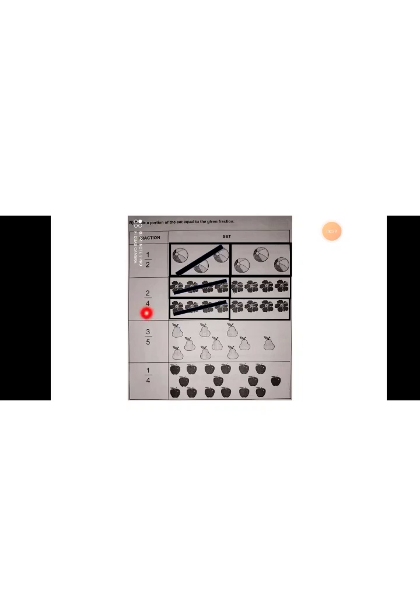Now the second figure is showing you 2 upon 4. The fraction is 2 upon 4 and there are 16 flowers. Now these 16 flowers you have to equally divide into 4 parts. So when it is equally divided into 4 parts, you get 4 in each part. That is 4 fours are 16. So 4 flowers in each part.